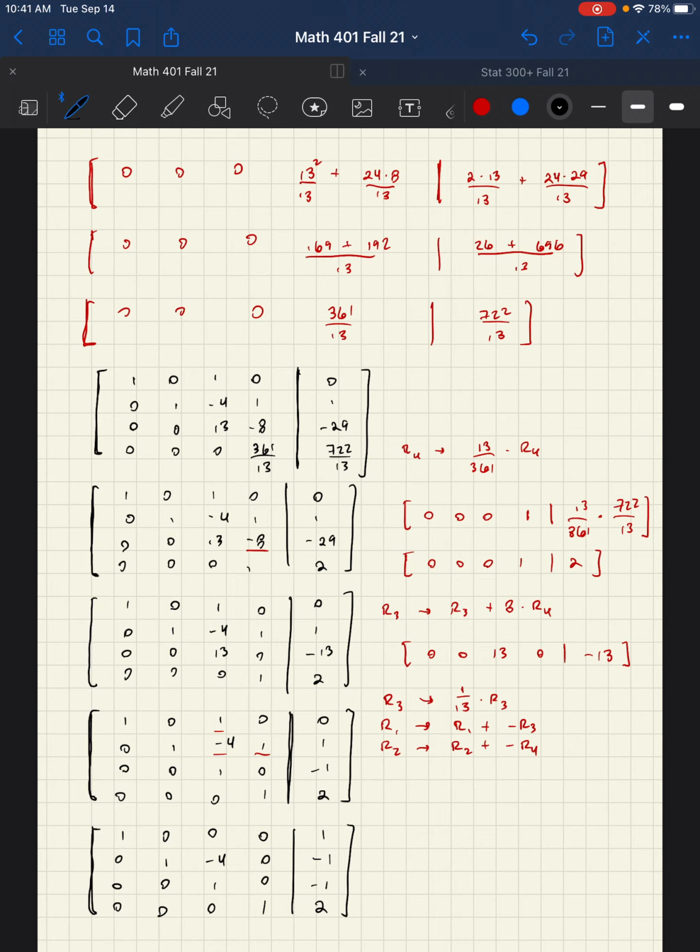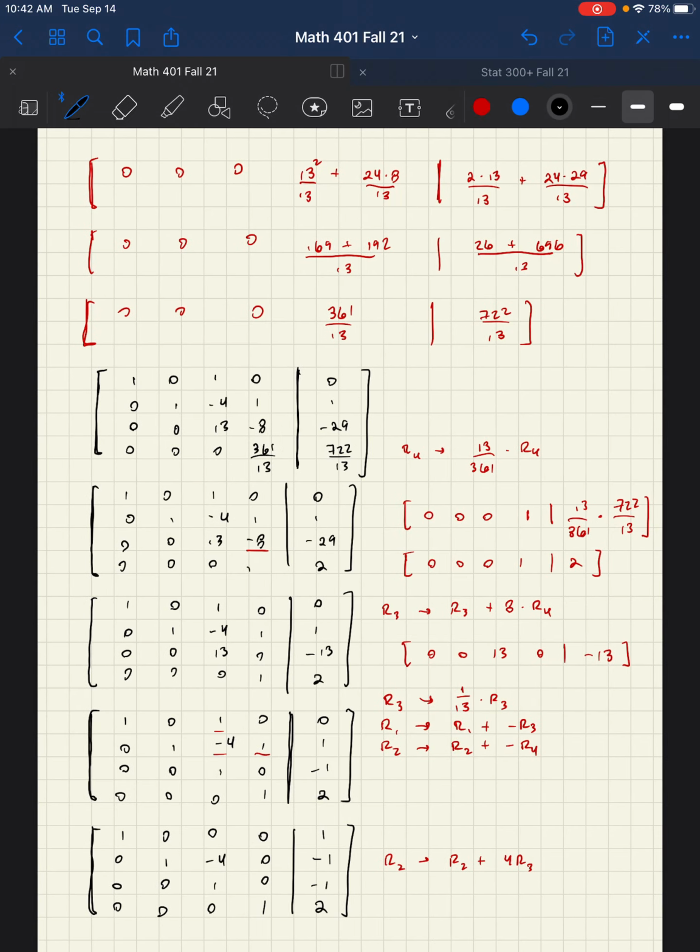If it's still confusing to do it in more than one step, don't skip the steps, it's fine. Because our very last step here is going to be replacing row 2 with row 2 plus 4 times row 3. And notice that all that will do is change the negative 4 into a 0. And then negative 1 times 4 is negative 4. Plus negative 1 is negative 5.